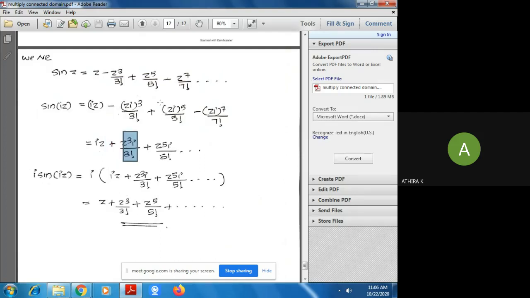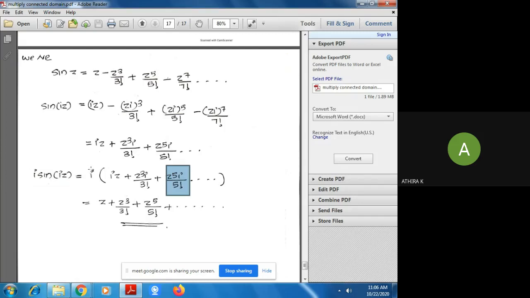Plus similarly we get zi whole raised to 5 divided by 5 factorial, so z raised to 5 divided by 5 factorial into i, etc. So, sin iz is equal to i of z plus z cube i by 3 factorial plus z raised to 5 i divided by 5 factorial, etc.